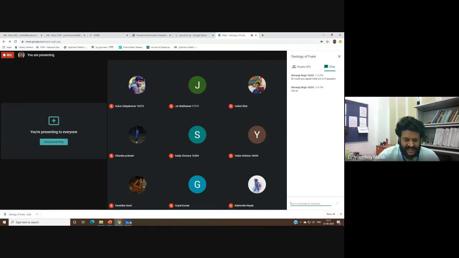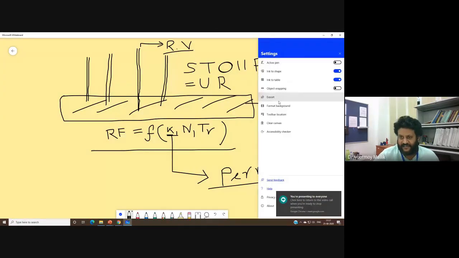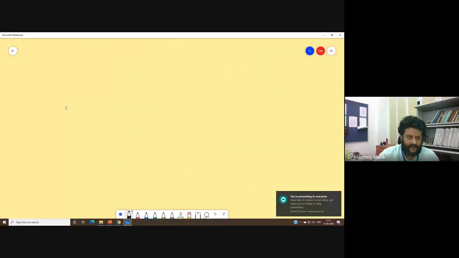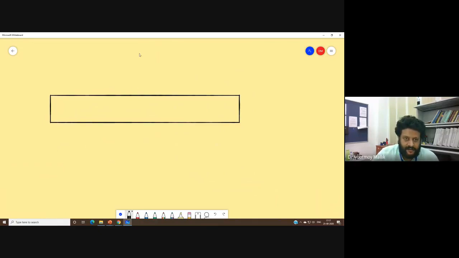Okay. So there is another thing that can enhance ultimate recovery, and I will just talk about it right now. Say, for example, this is my reservoir, okay? And this is the well, the very first well that I have drilled right now. Let us have that example with only one well, just for simplicity.